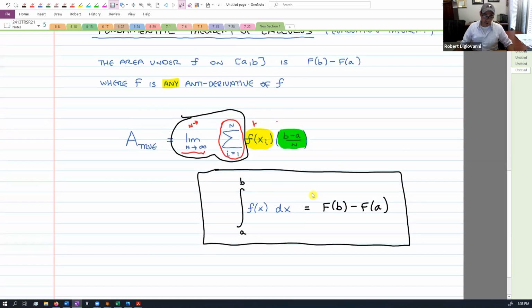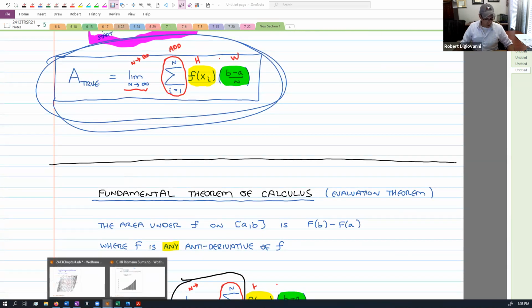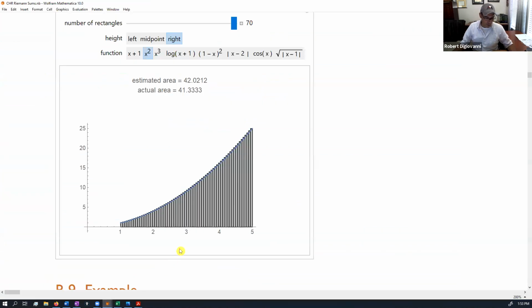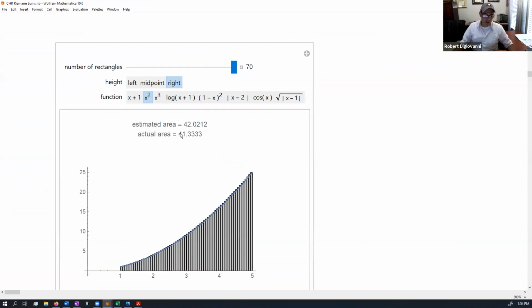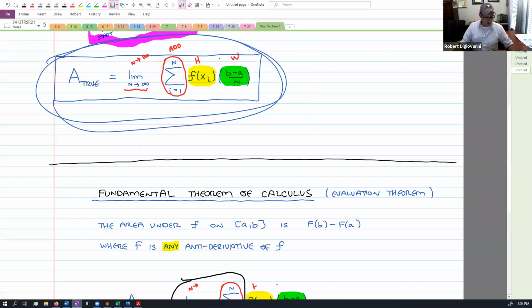All right, you ready to do this? I showed you this before, but let's go back to this example. Remember the answer was 41.3? That was the true area under x squared between 1 and 5. So here's how I would write this. I want you to find the area underneath the curve from 1 to 5 of x squared dx.